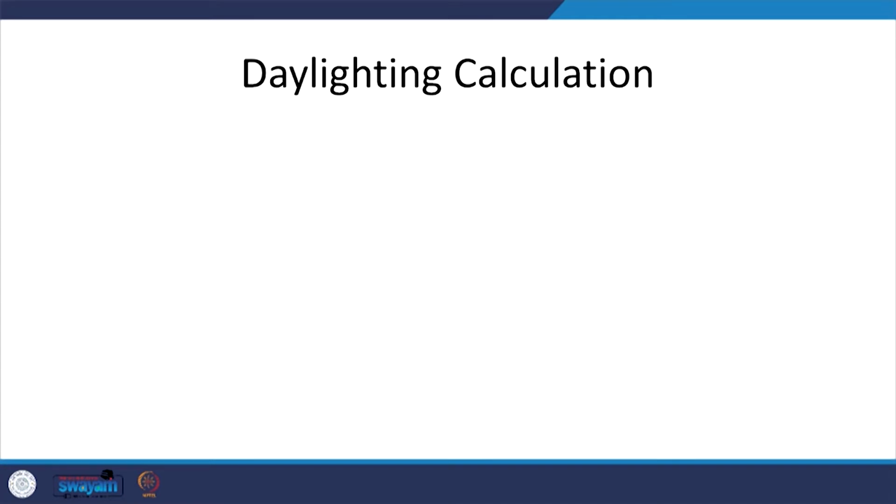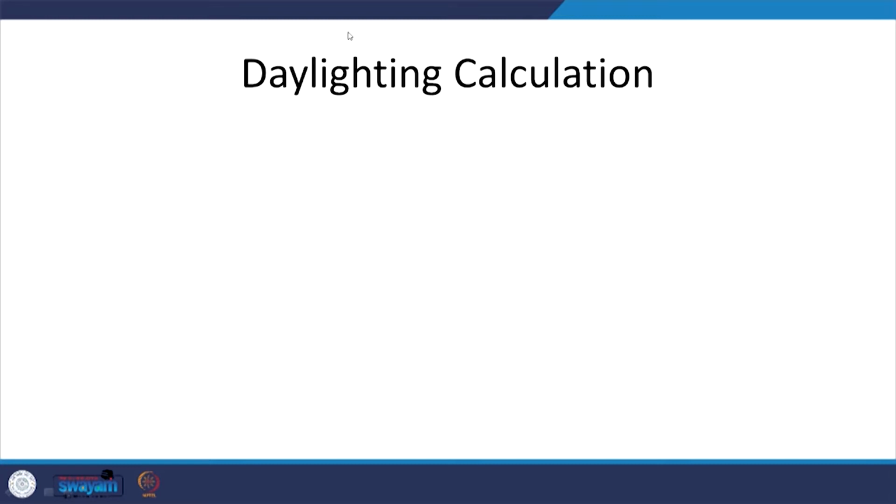So, what we really have to do is calculate the daylight factor in a room which has windows all around. If you remember, we already did the manual calculation using the rules, where we calculated how much light will be available from the side of the window, how far it penetrates inside the room, what happens if there is a partition, and all of that.